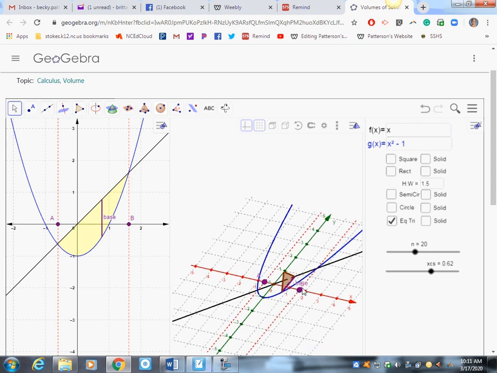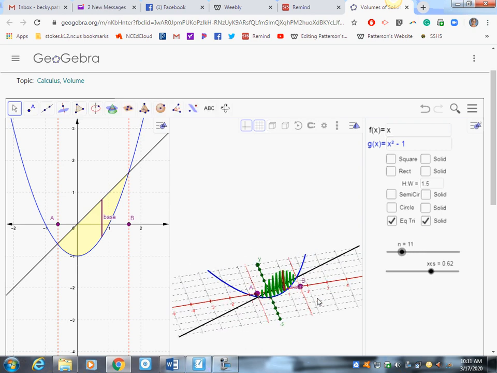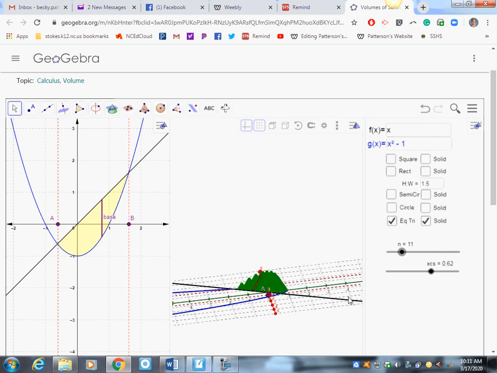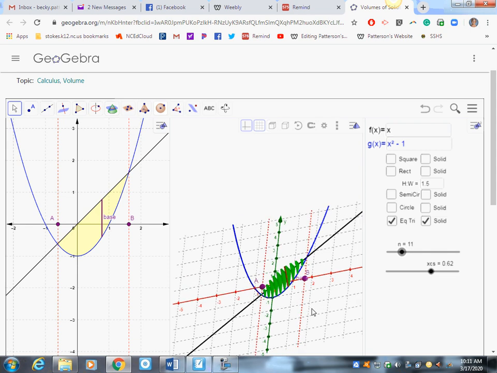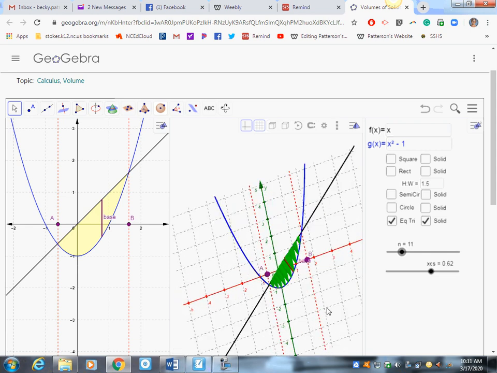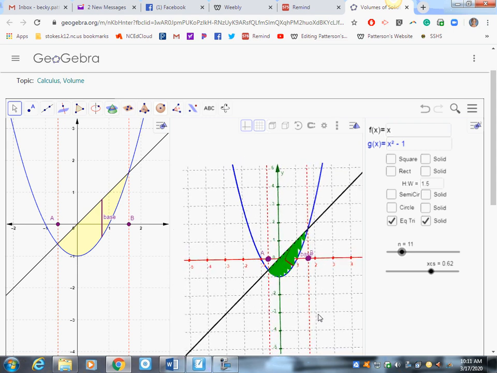So there is my equilateral triangle where one of the sides is sitting on the two-dimensional graph. Let's make it solid. Let's pull it down just a little bit so you can see them. So there are all your triangles. You would need to know the area for an equilateral triangle, which is not one of these super common, we use it all the time area formulas.